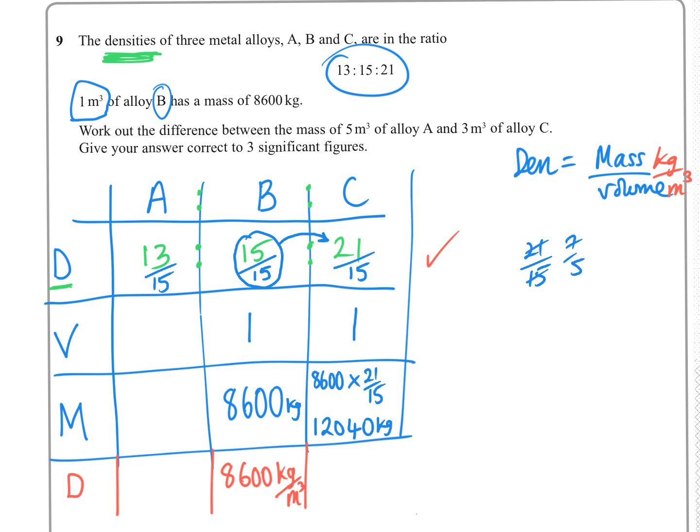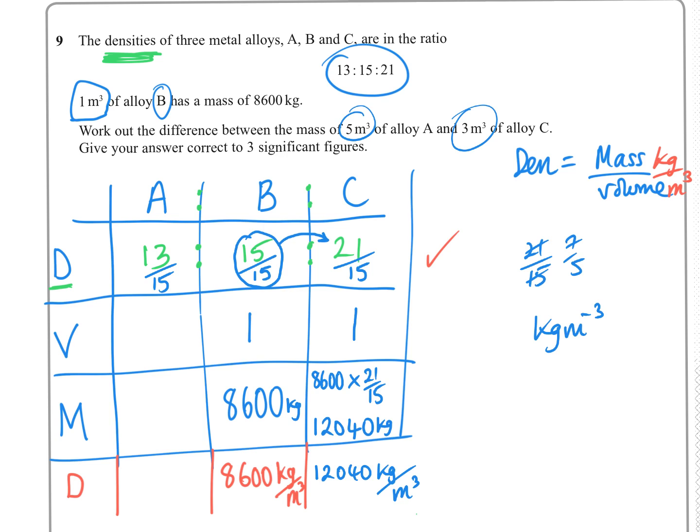So we know here, this is all to do with the volume of 1 meter cube. I'm going to keep them all as 1, and then I'm going to times them up later on. So this will be 12,040 kilograms per meter cubed. You can write that as kg m to the -3 if you want.